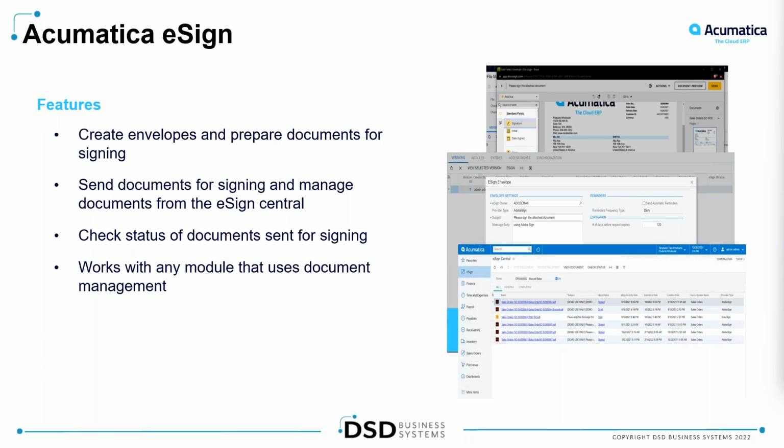We'll look at a couple of screens just to show, especially the eSign Central, just an amazing screen that can show us where these documents are at. So if you're tracking sales order quotes through e-signature tools, if you're tracking contract renewals, if you're using the Acumatica project modules or any other functional areas as well, great tool to track this.